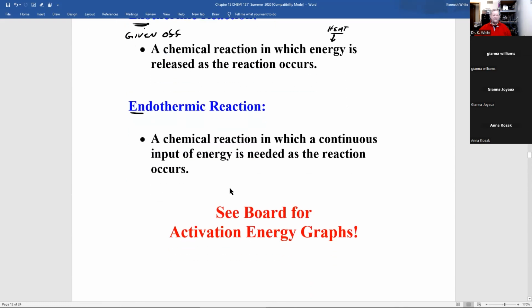And endo is taken in or absorbed. And again, thermic is heat, energy. And an endothermic reaction is a reaction in which a continuous input of energy is needed as the reaction occurs. Another way of thinking of it is it's a chemical reaction in which you have to add heat, energy, to make a reaction go.